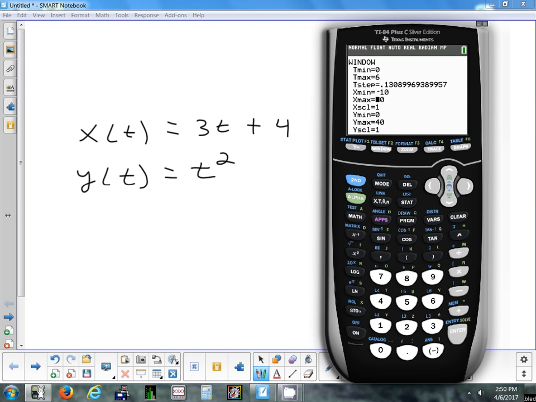Not that big. So you could go to 25. That's probably good enough. And what about the smallest? 4. Yeah, so actually leaving x min at 0 is probably fine. So that should be a good window that shows us our graph.